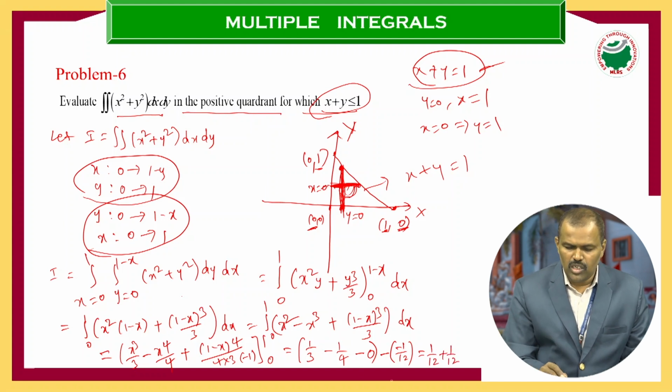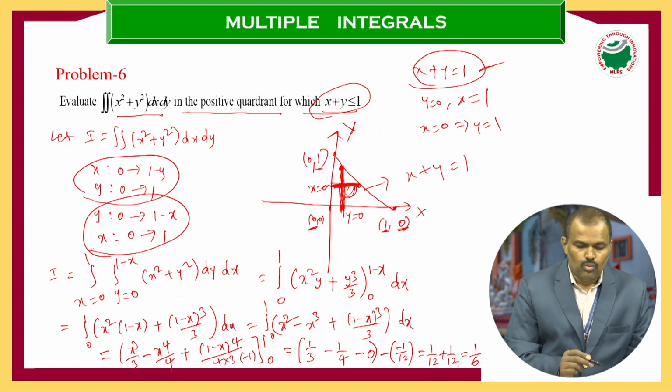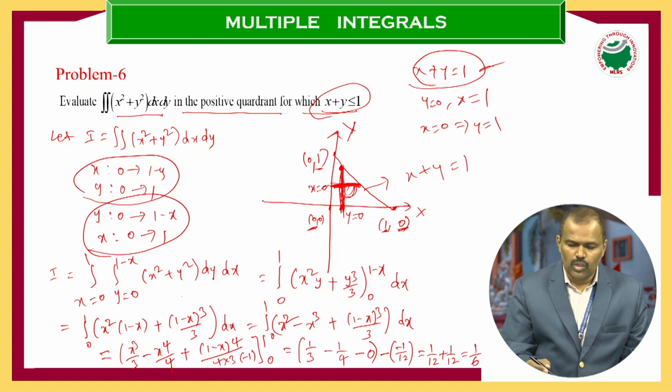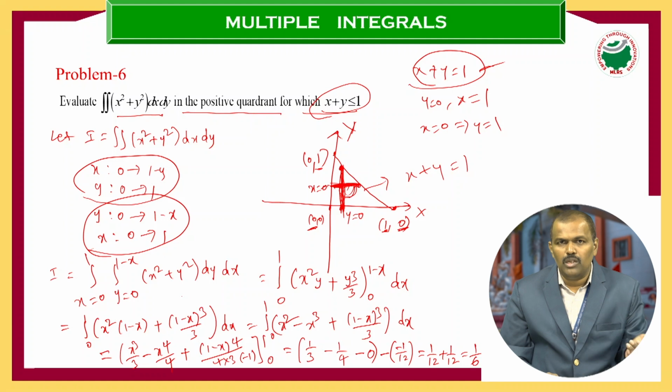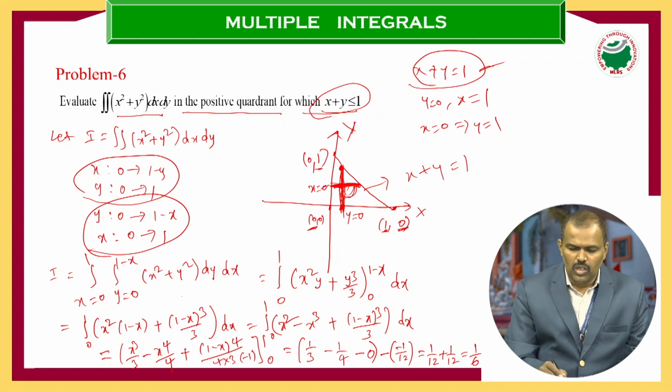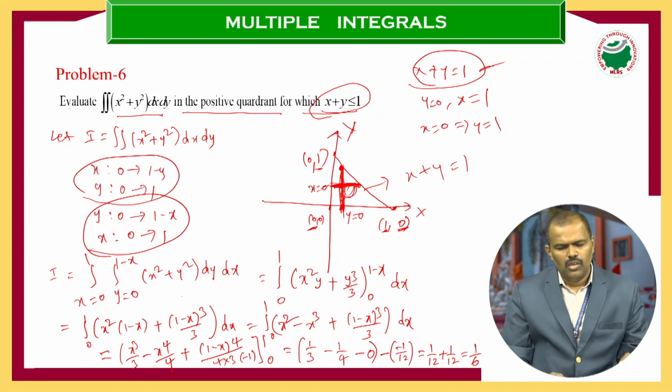So if I consider x limits first, they are 0 to 1 minus y. Then y limits are 0 to 1. That is one way. And the other way is, if I consider y limits first in terms of x, y limits 0 to this line, that is 1 minus x. And x limits are 0 to 1. That is the second way. You can follow with any limits.